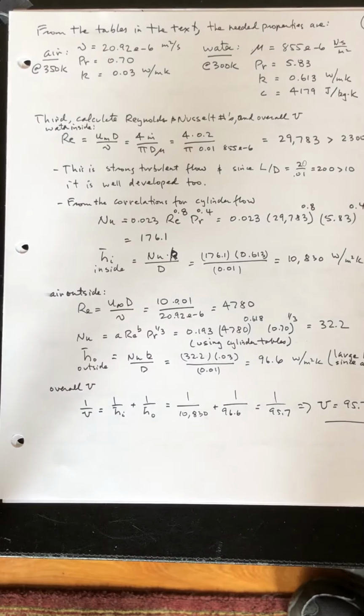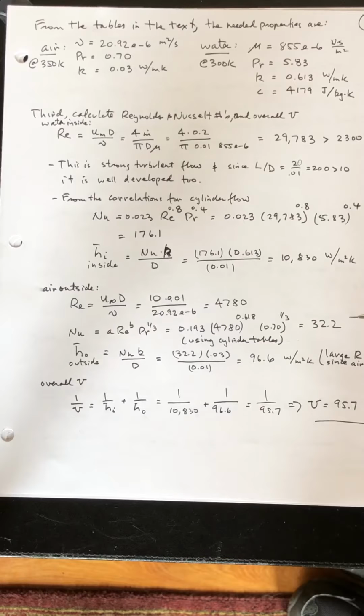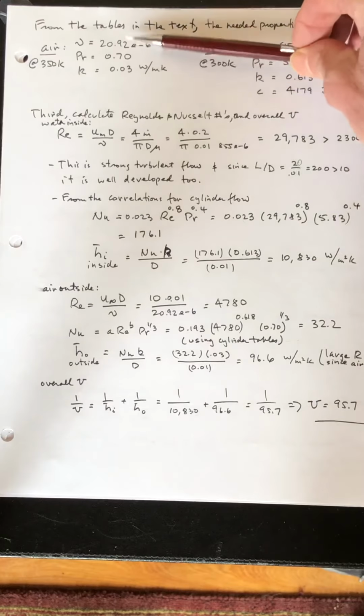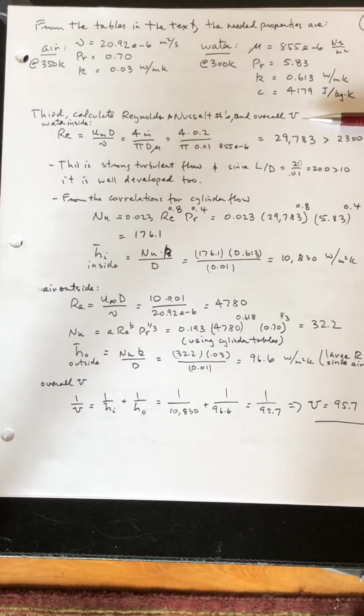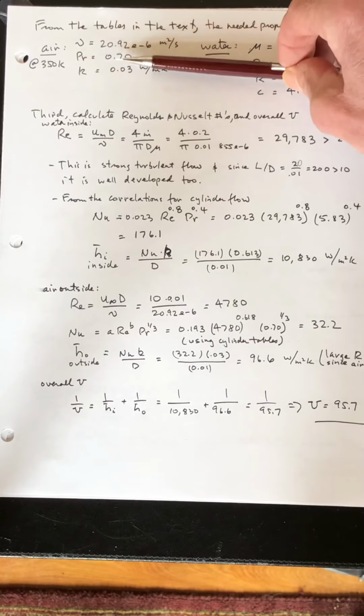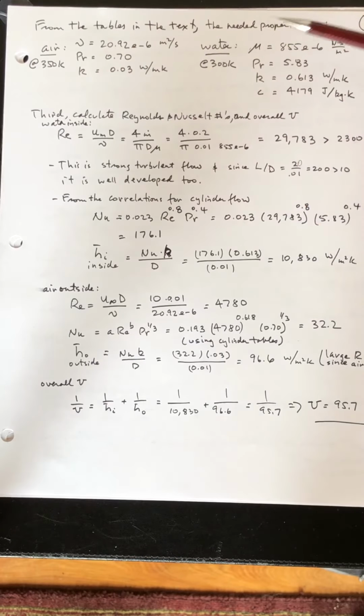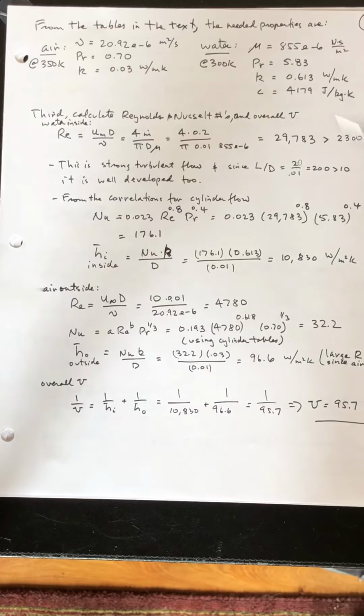Then going to the tables, we'll pull out the relevant properties we need: viscosity, Prandtl number, thermal conductivity, and on the water side, the viscosity, Prandtl number, thermal conductivity, and specific heat.